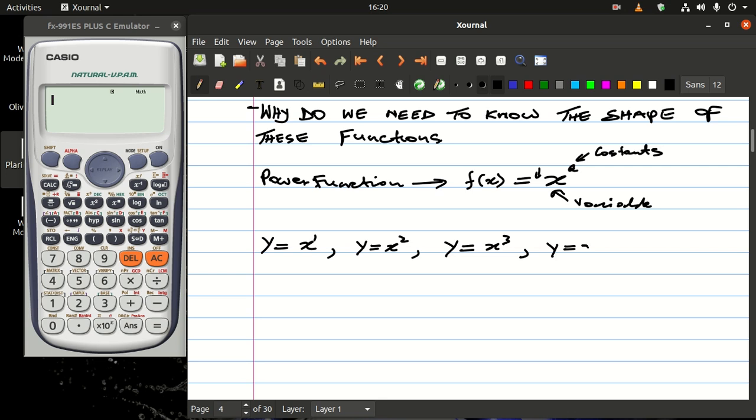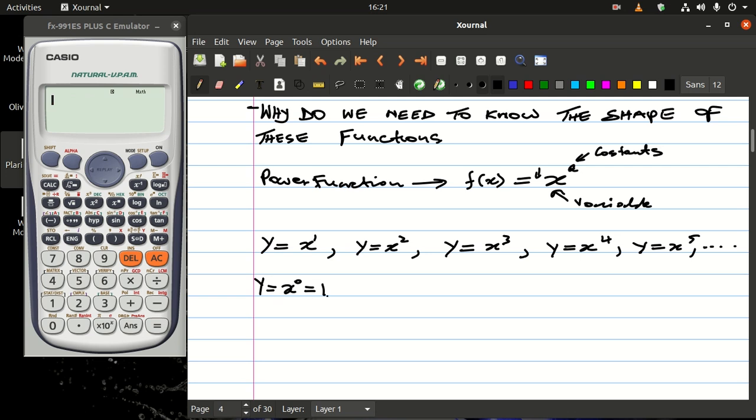And the other power functions can be x to the power 4 and x to the power 5 and so forth. But now, who said that this constant needs to be a natural number? A constant can be any number. It can be any real number out there. So suppose now I have y is equal to x to the power 0, which is the same as 1, as long as x is not equal to 0.